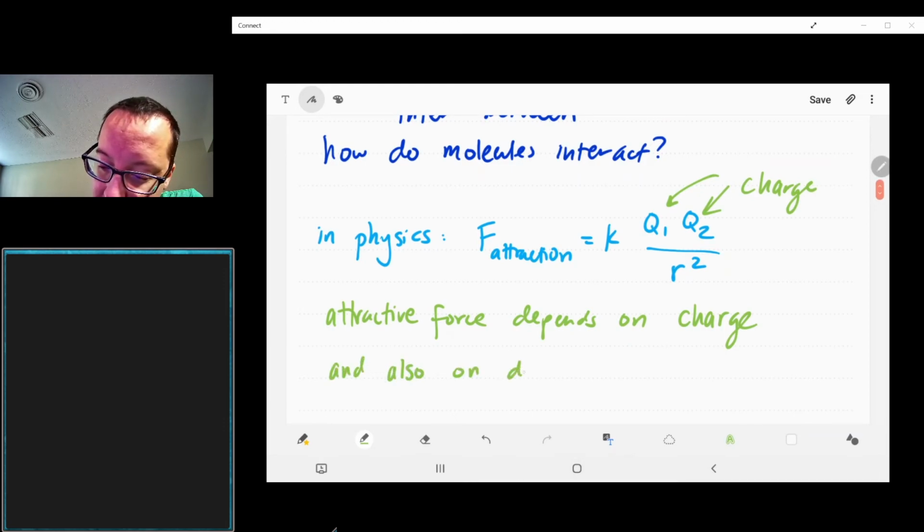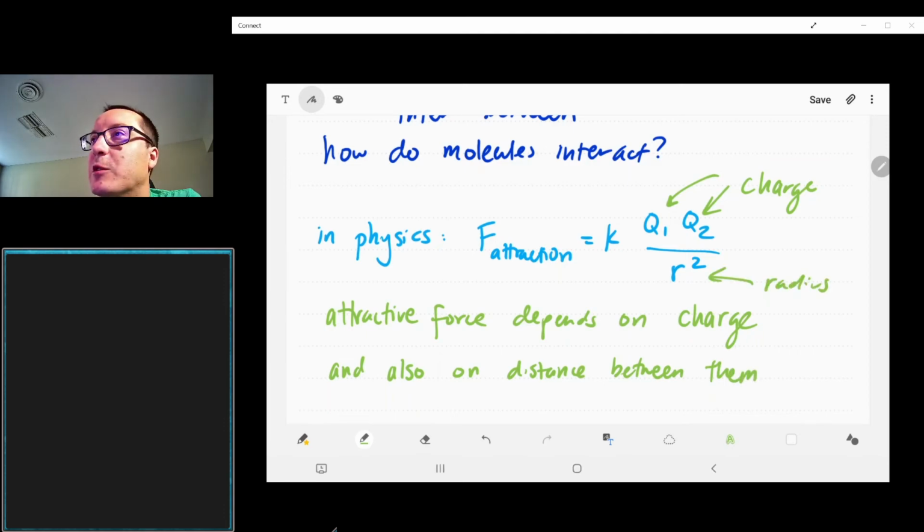on the distance between them. And that would be down here. That's the radius or distance in between them. So if we assume that things are spherical, it's the radius of how far they are.